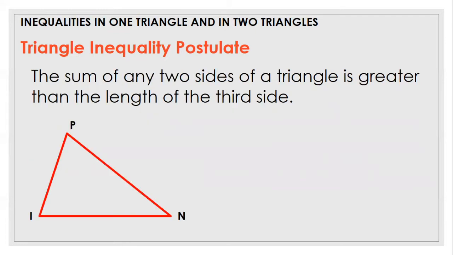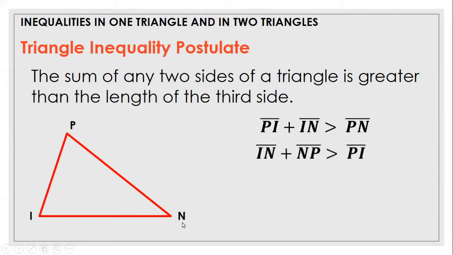So, let's have this. The sum of any two sides of a triangle is greater than the length of the third side. Okay? So we have triangle PIN. So meron tayong triangle PIN. Segment PI plus segment IN is greater than segment PN.